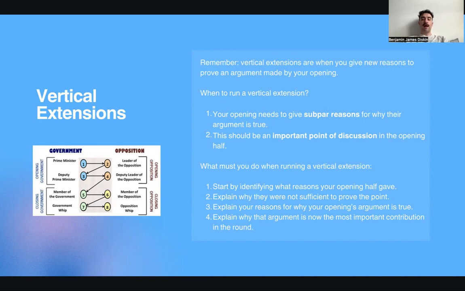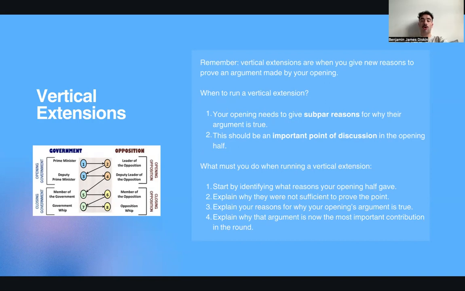In terms of how you would go about structuring a vertical extension, there are broadly 4 things you need to do. The first is that you should identify what reasons your opening gave. So suppose you are closing government, you would probably start by saying, I'm going to provide a vertical extension that explains why the argument made by opening government, which is X, is true.